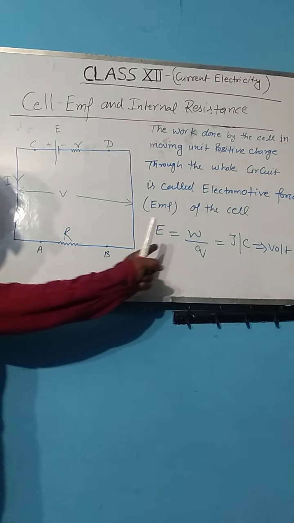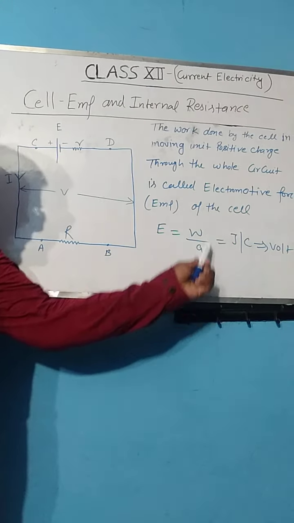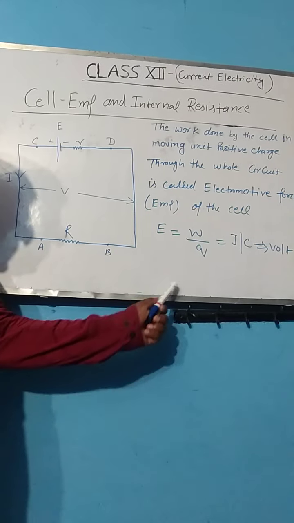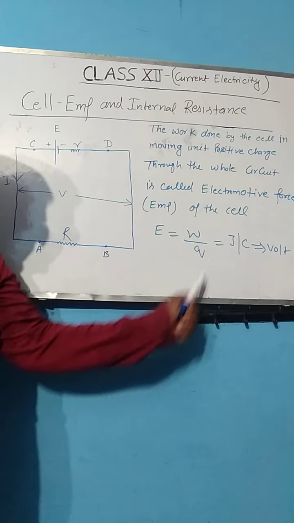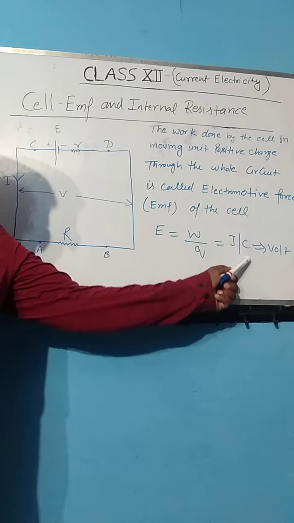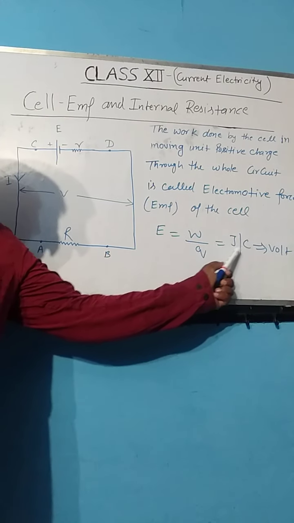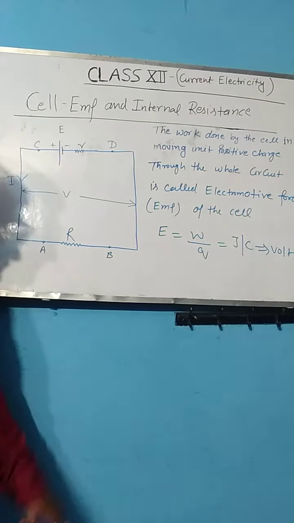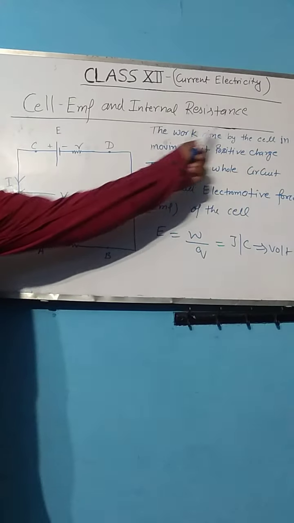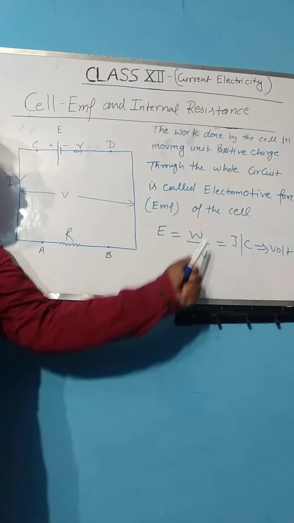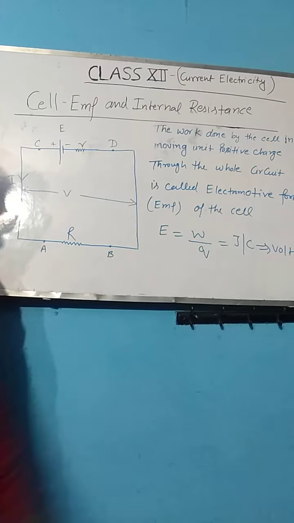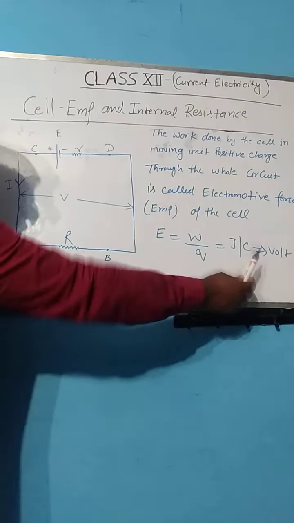EMF of the cell is defined by E equal to W by Q. Work done unit is joule and charge unit is coulomb, so its unit is joule per coulomb, or volt. So the EMF unit is volt.